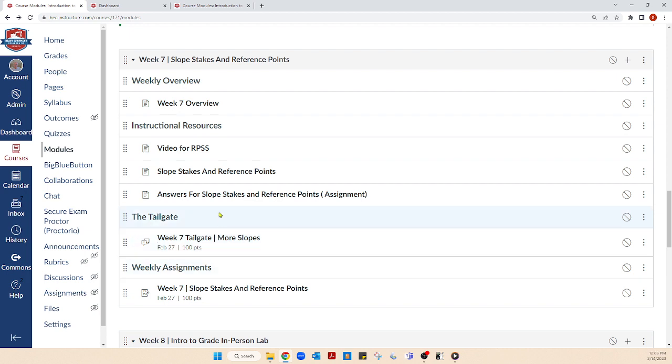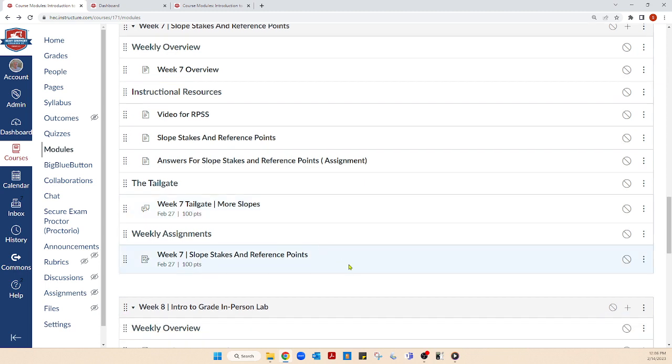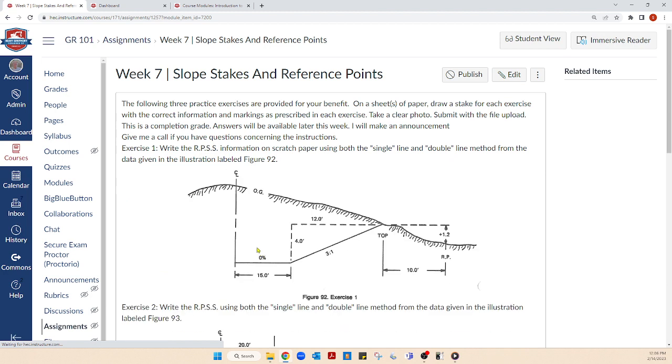So I'm going to give you a peek at the assignment. I'm asking you not to look for the answers for the assignments, but here's your week 7 assignment right here: slope stakes and reference points. I rewrote these instructions earlier today.